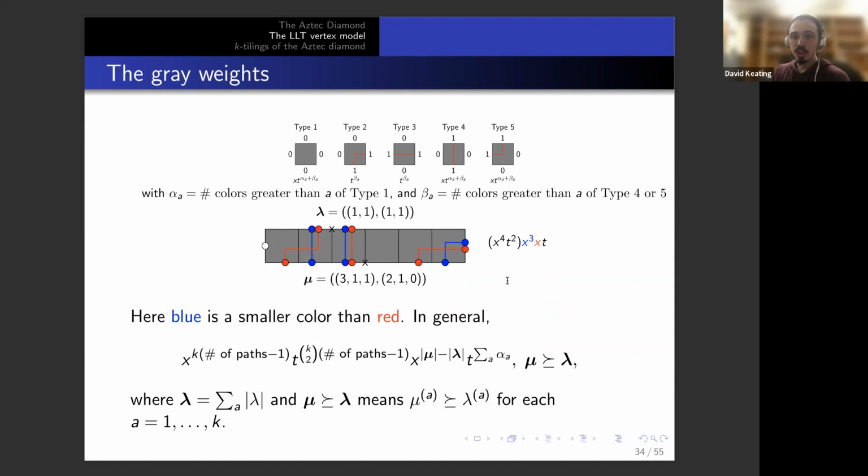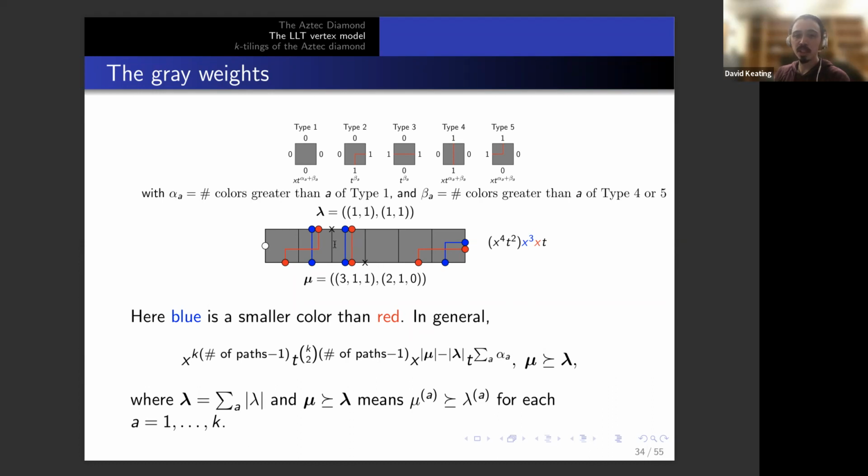Just as before, for a single row, we're always going to force a path to exit at the right. We're going to assign tuples of partitions now as the boundary conditions. So the blue boundary condition on the bottom is 3, 1, 1, and the red boundary condition is 2, 1, 0, and tuples of partitions as a boundary condition at the top.